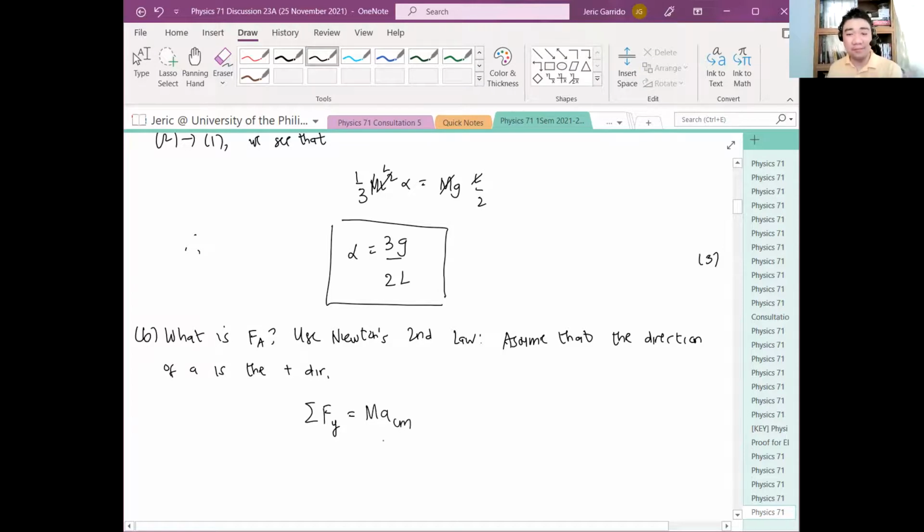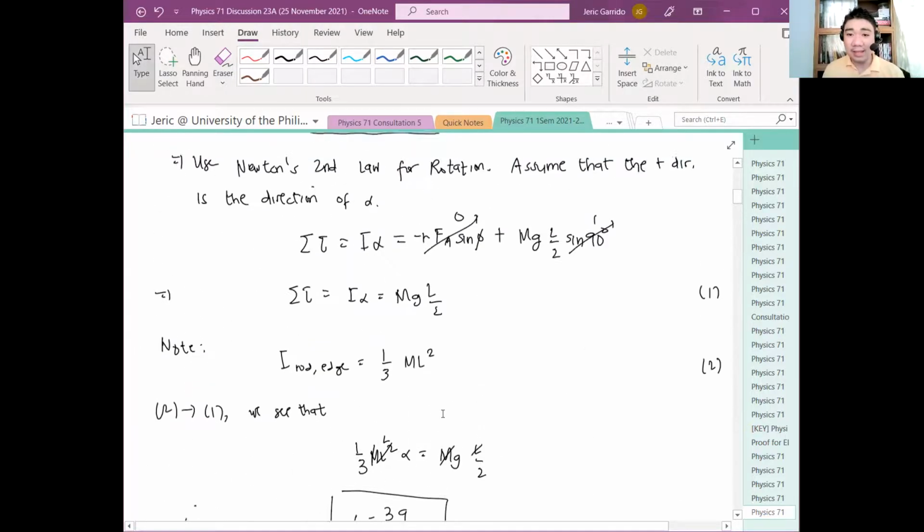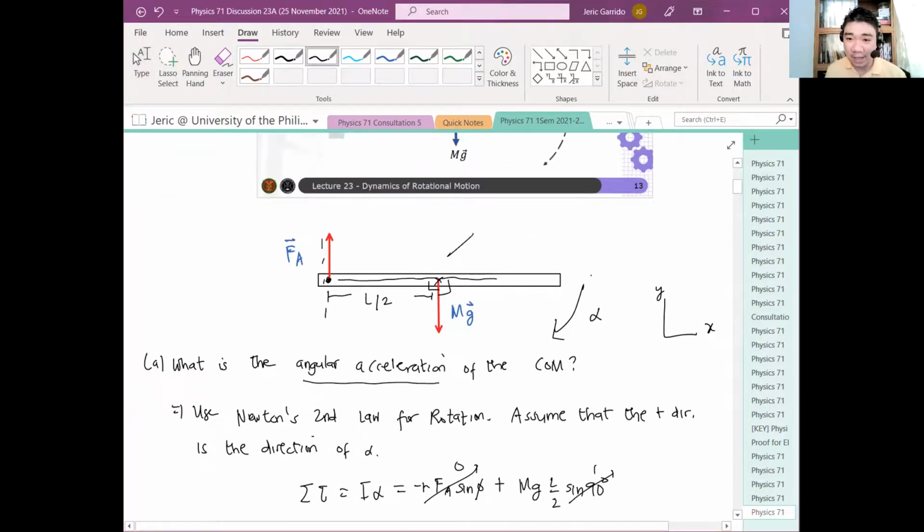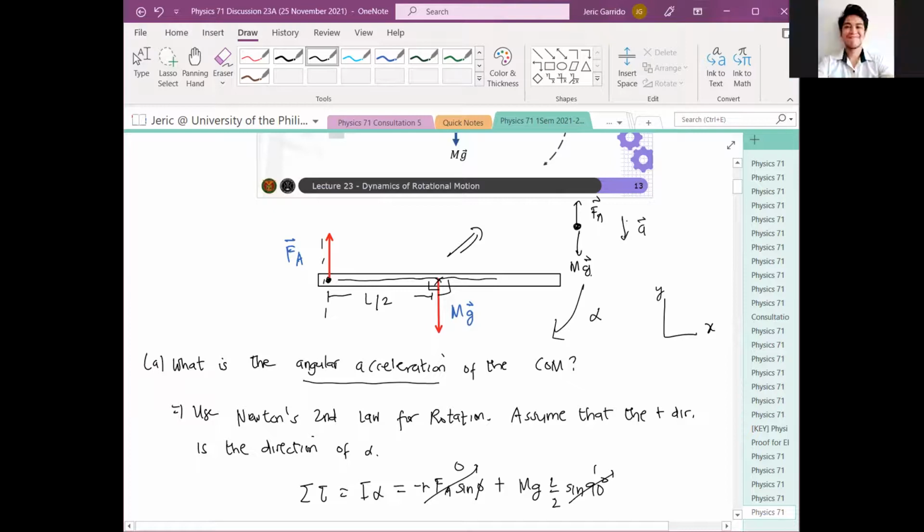Remember, for a system of particles, or example of that is a rigid body, your acceleration will be acceleration of the center of mass, MACM. Remember, you can treat this rod here as a single particle. So pwede ka mag-drawing ng free body diagram dyan, such that this is the force exerted, and this is just the weight. Pero, mag-accelerate yan downward. Tama?